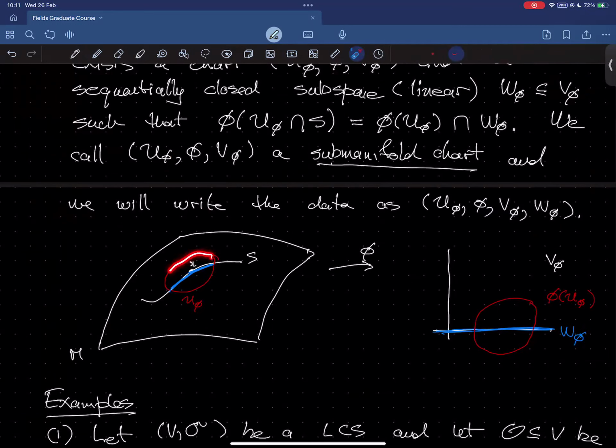So U phi intersect S, all right? So clearly that sits inside M. Okay, so this is going to have the topology induced from M. Okay, here, this thing sits inside V phi, and so this thing is going to have the topology induced by V phi. And notice that the manifold topology on this set, and this is the definition of the manifold topology that we talked about last time, is exactly the topology inherited from this as an open subset of V phi defined by the fact that phi is a bijection.